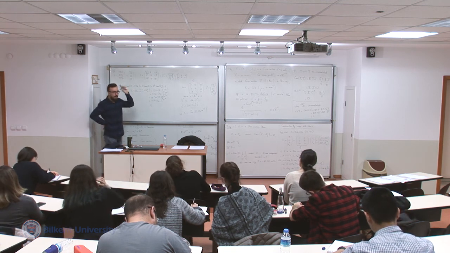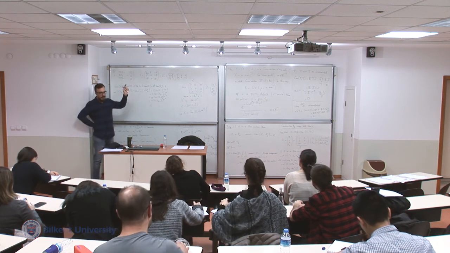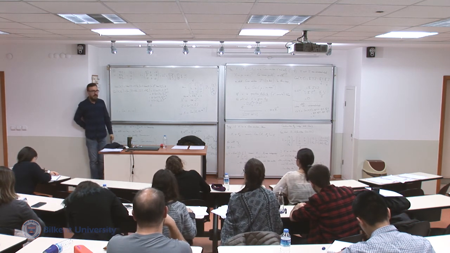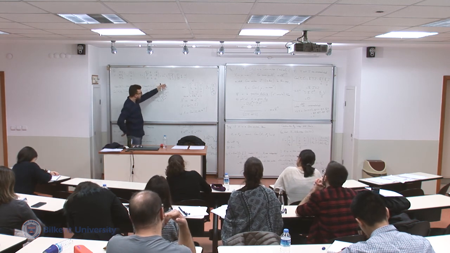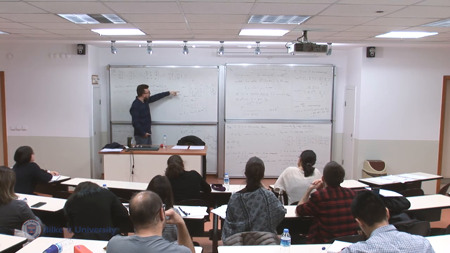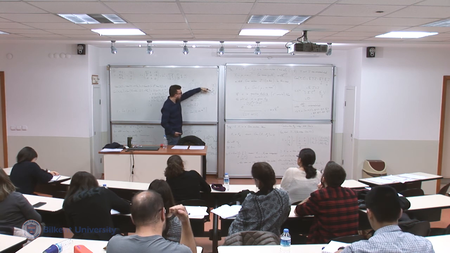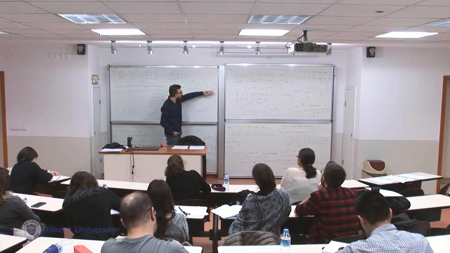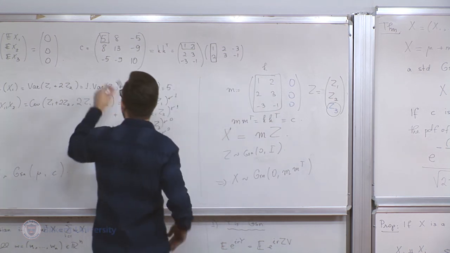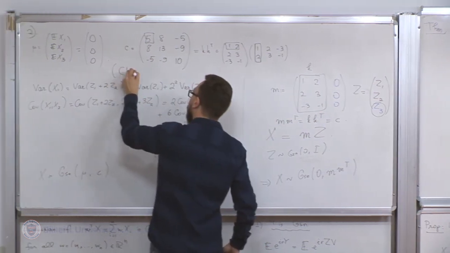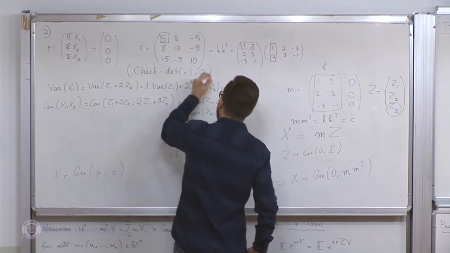But for that, you need C to be positive definite. In general, C can be just positive semi-definite. So this means, for instance, in this example, it is that kind of a case because you have some redundancy here, okay? You don't really need 3 Z's. You only need 2 of them. For instance, if you check the determinant of C here, it is just 0.